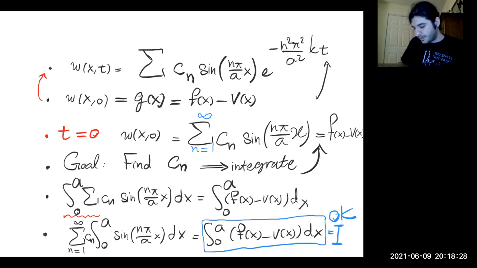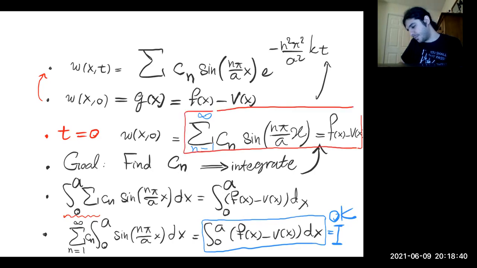So one other thing we can do here is multiply everything by sine. Look at this equation here. Suppose I want to compute, say, Cm for some m. I'm not saying n because n is the summation index.